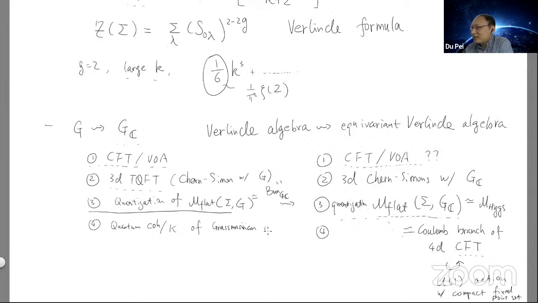In terms of this interpretation, instead of looking at quantum cohomology of the Grassmannian, now one should look at equivariant quantum K-theory of some other moduli spaces known as the moduli space of vortices.